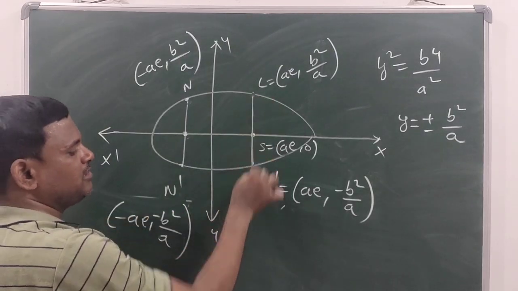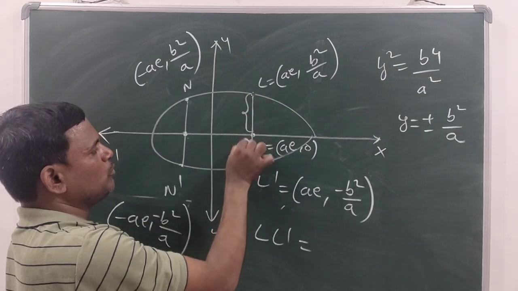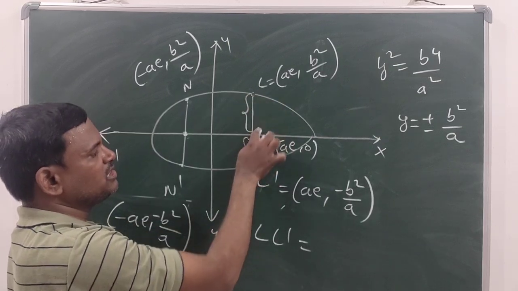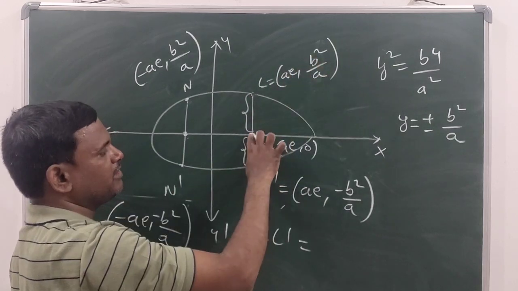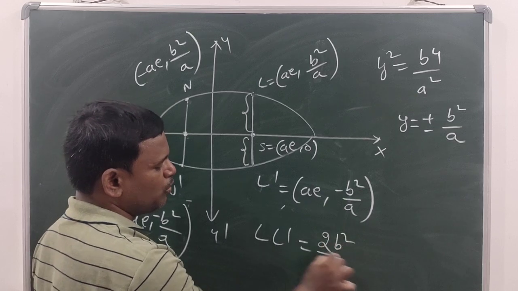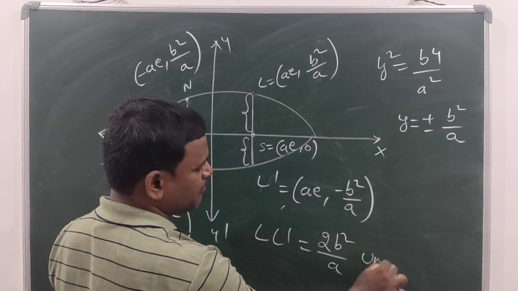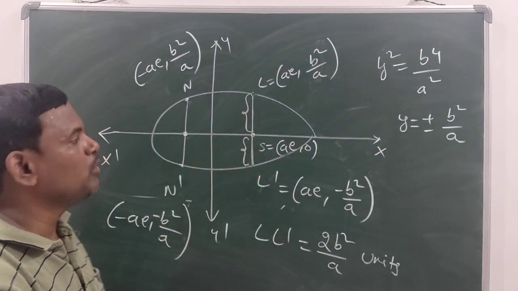Now find this length LL dash. So here both are equal now. This distance is b square by a. Even this one will also be b square by a. So you will get 2b square by a units as the length of this latus rectum.